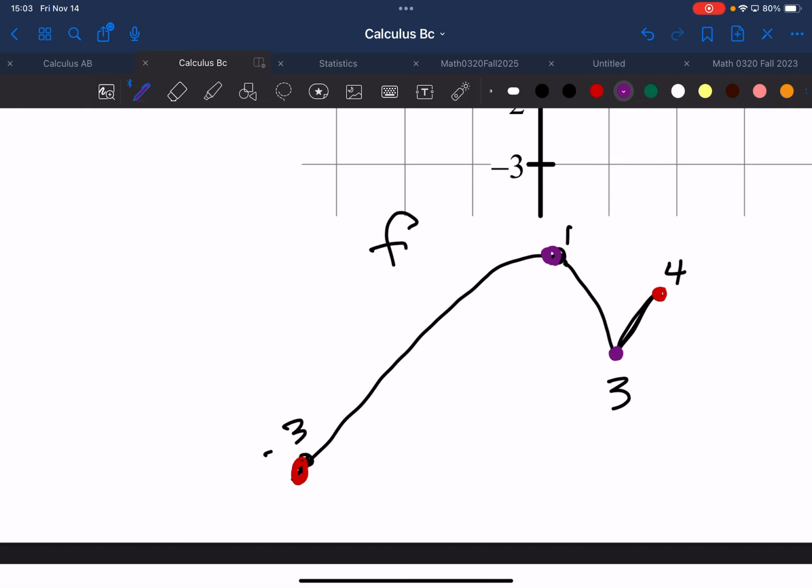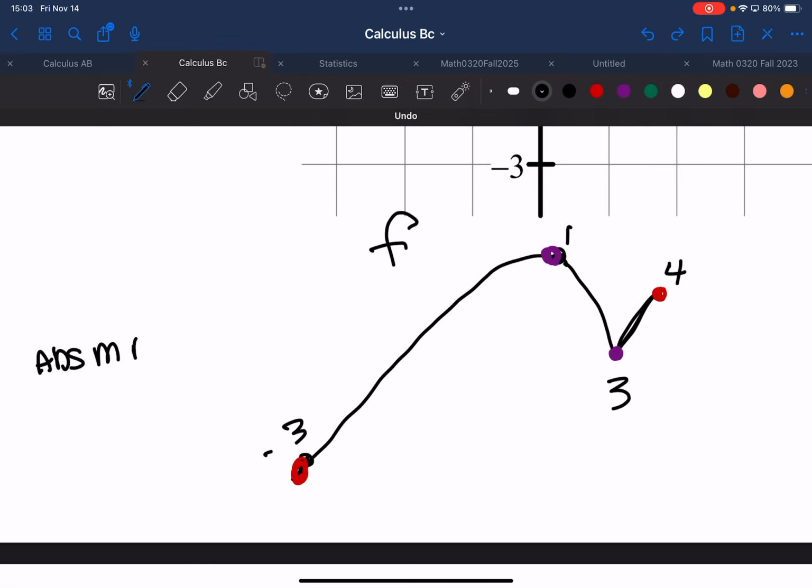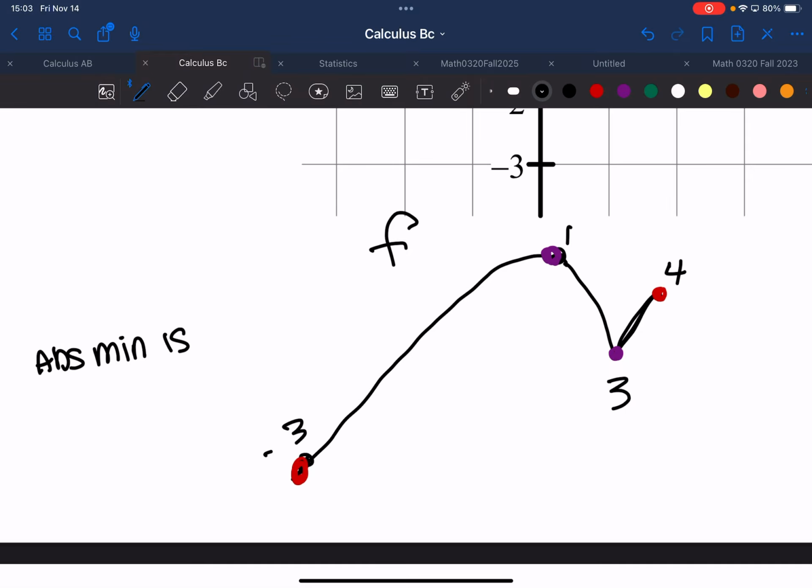So, looking at this rough sketch of the graph of f, where would you say the absolute minimum is? At -3. So we would say the absolute minimum is at x equals -3 because it is the lowest value.